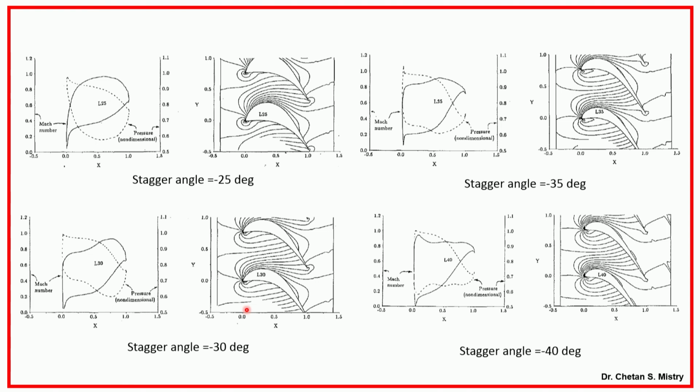This shows the change of stagger angle, 25, 35, minus 30, minus 40, and if you look at here my loading is changing. Here this is representing my loading. So, with change of my stagger angle, my CP distribution along my blade is changing.